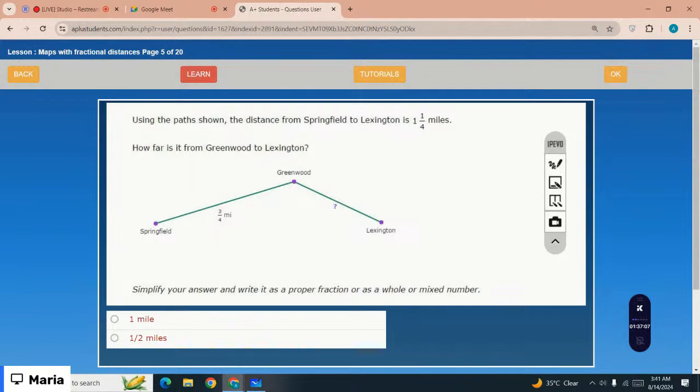That is 1 by 2 miles, right? Okay, you can complete the lesson by yourself later today.